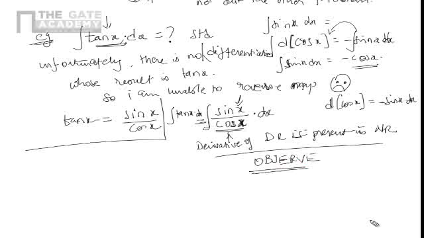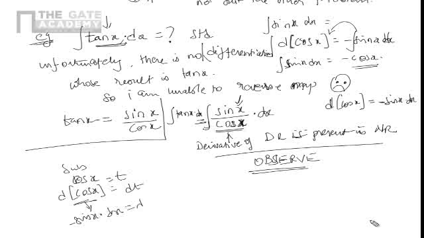Please observe this. Okay. So, if I substitute cos x as t, what will happen if I differentiate both sides? Differentiation of cos x will become dt. And what is differentiation of cos x in turn? It is nothing but minus sin x dx is dt.